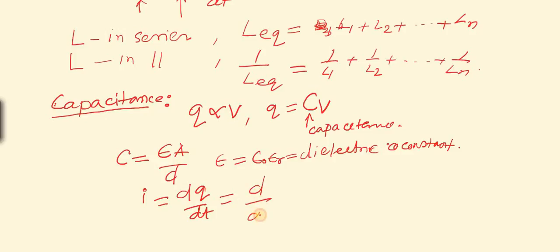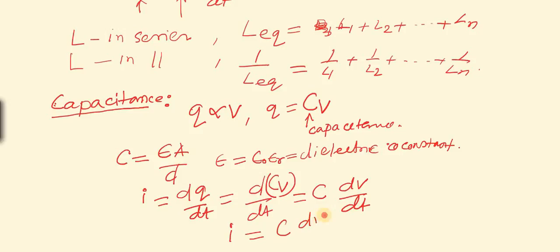So we will find I equal to d(CV)/dt. Now see, the capacitance C remains constant over time, so current I is equal to C dV/dt.